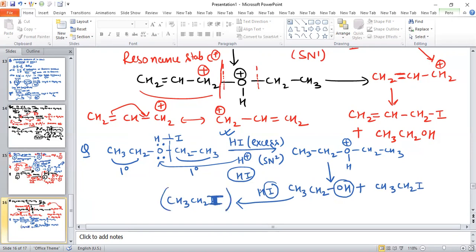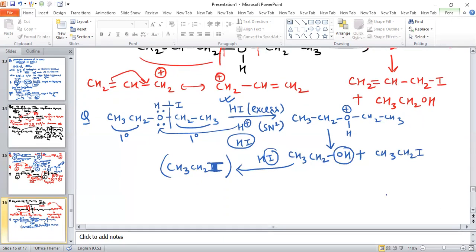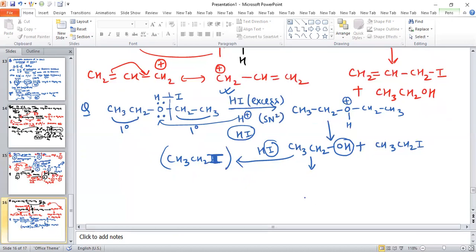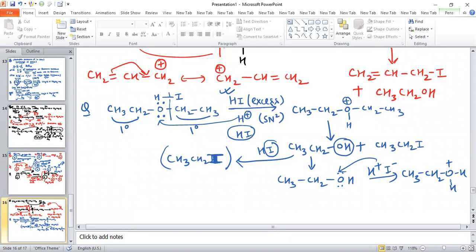If you want to see the mechanism, you can also see it. If this is obtained as a product, CH3CH2O has a lone pair of electrons. So again, when there is an excess amount of HI, this H plus will attack this oxygen. That will form CH3CH2, oxygen having positive charge, and the positive charge on oxygen is unstable.